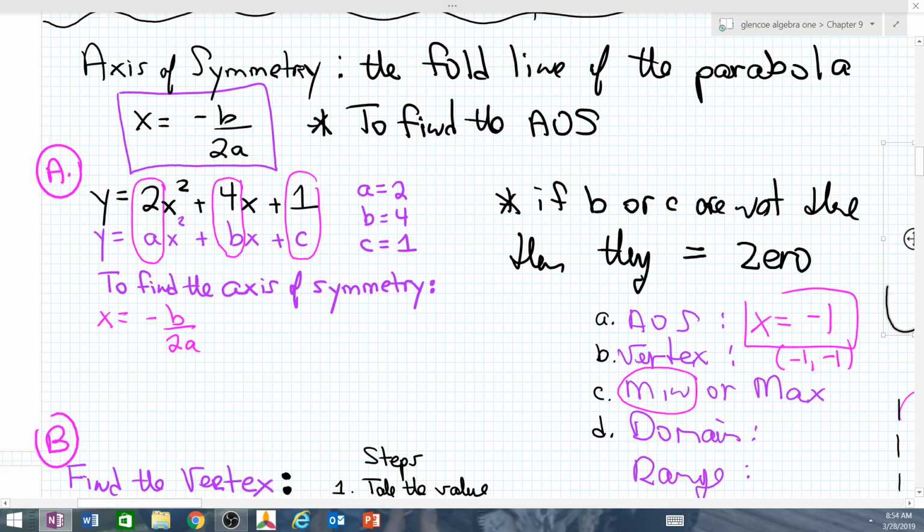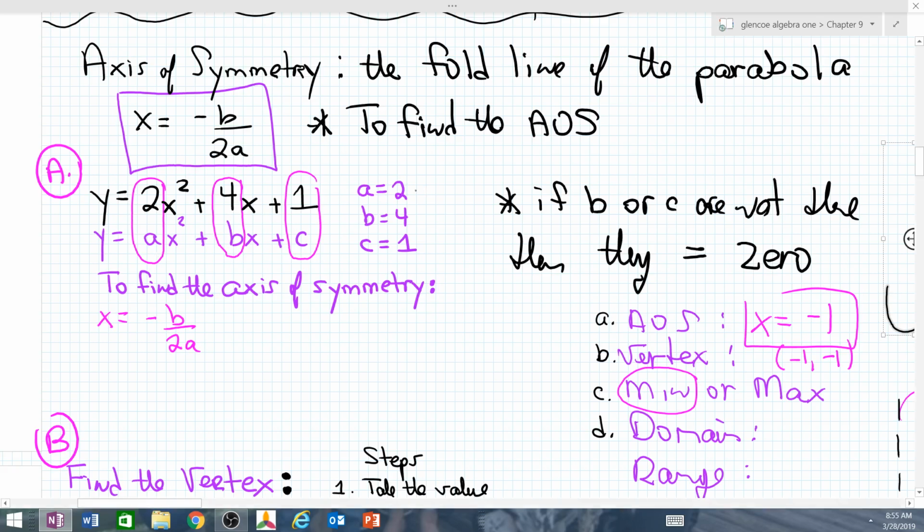Here's an easy way to determine what a, b, and c are. In the equation y equals 2x squared plus 4x plus 1, I've written underneath it the standard form, y equals ax squared plus bx plus c, and circled the coefficients. That's probably the easiest way I can explain it.